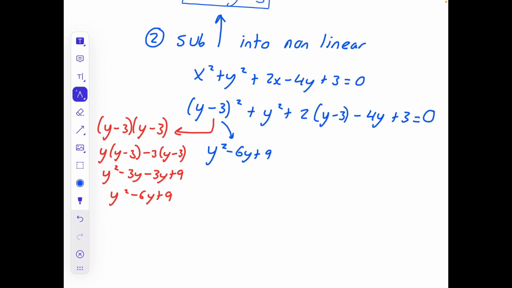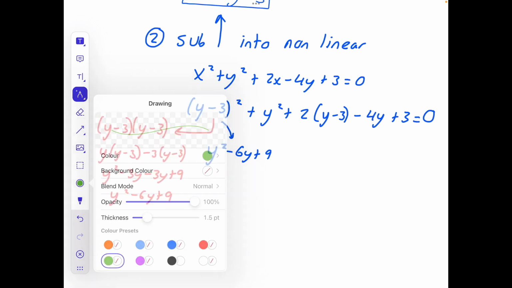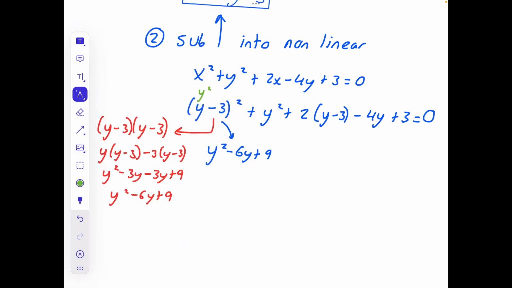The most common mistake people make with these questions is that they'll say y minus 3 to be squared, and don't write this down, they will say that that's y squared plus 9. They'll just square the two parts individually. And unfortunately, you will not get anything for that. It is not how you do it.